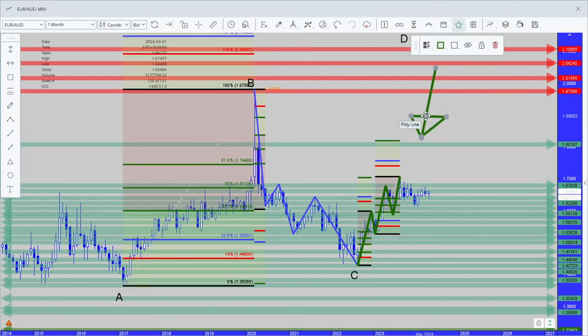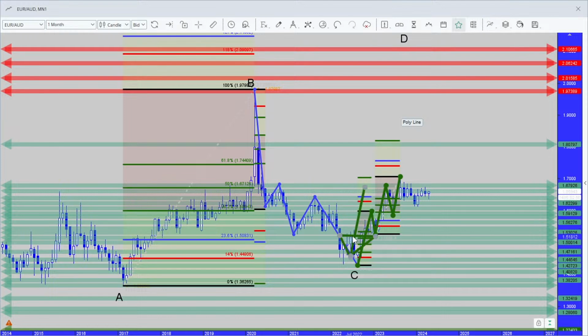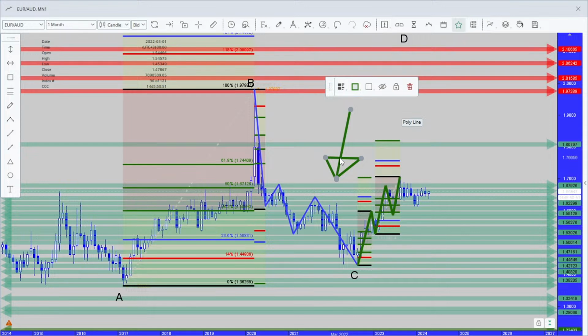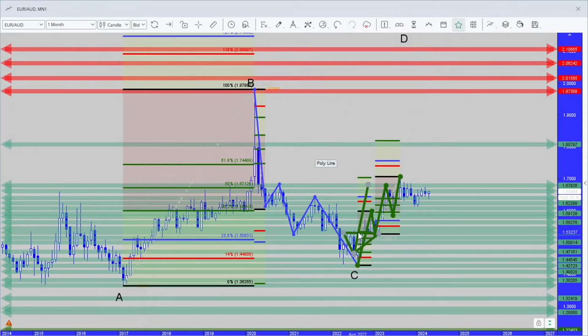Would you or wouldn't you be extremely happy having the knowledge of buying down in here, at the monthly level? What do you think? Wouldn't you make tons of money buying down in here?